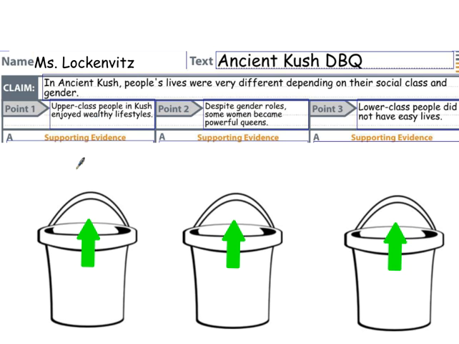We start with these points called your buckets. Bucket 1 or topic 1, upper class people in Kush enjoyed wealthy lifestyles. Bucket or topic 2, despite gender roles, some women became powerful queens. And in bucket or topic 3, lower class people did not have easy lives.